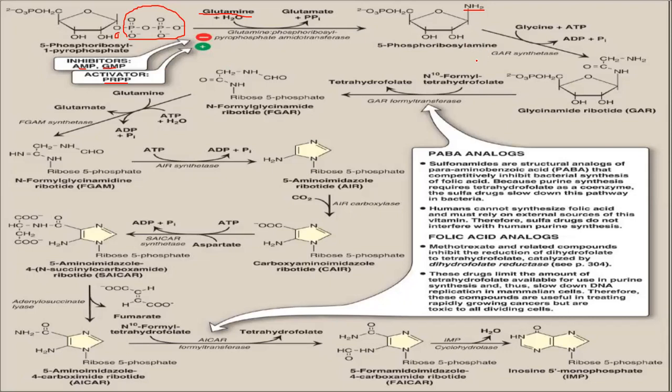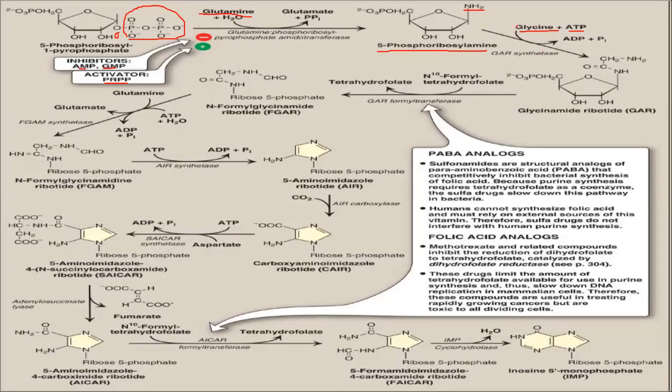Please note that. Now, after forming 5-phosphoribosylamine, what is the next reaction? We take glycine and an ATP. Remember, enzymes which catalyze a reaction where ATP is invested are always known as synthetases. Now, what will happen here?